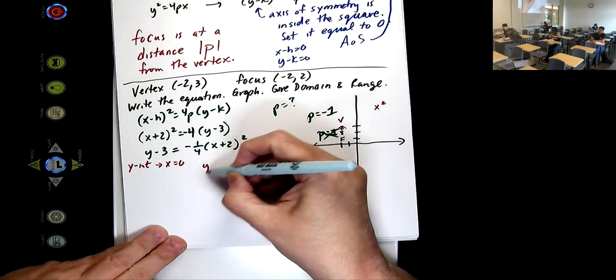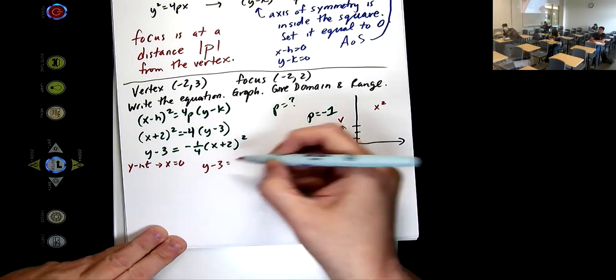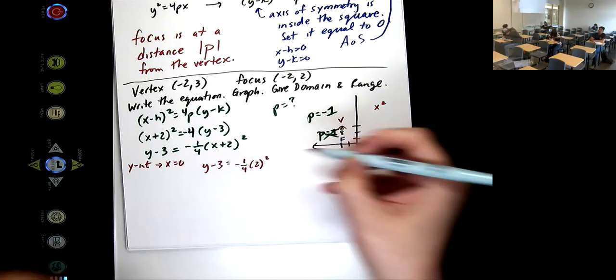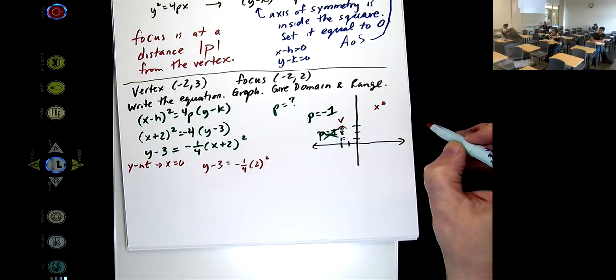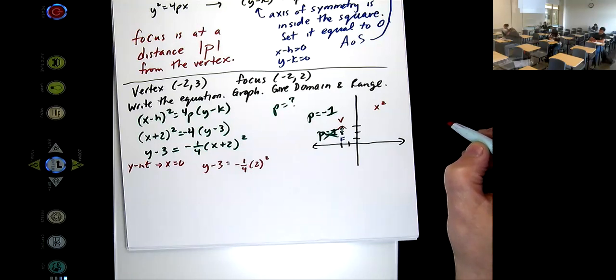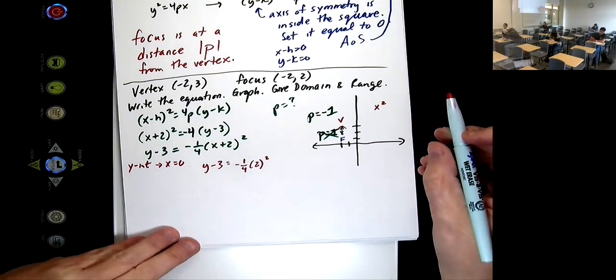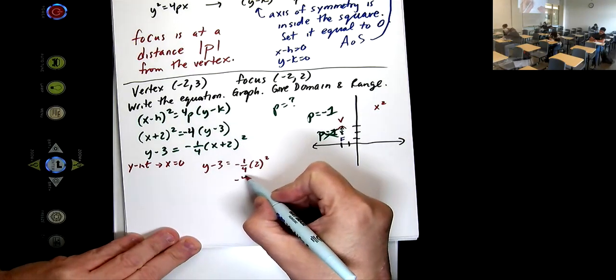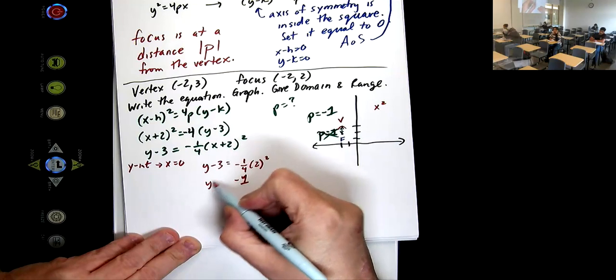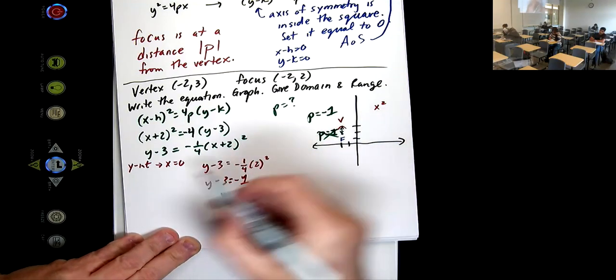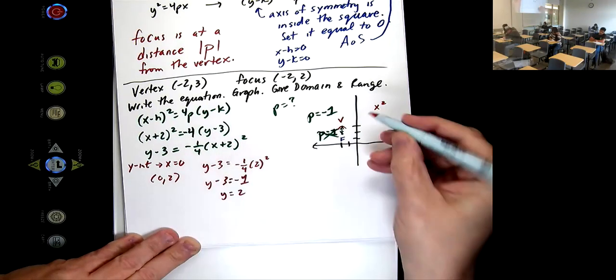So y minus 3 equals -1/4 times 2 squared. That's -1/4 times 4, which is -1. y minus 3 equals -1, so y equals 2. I have a point at (0, 2).